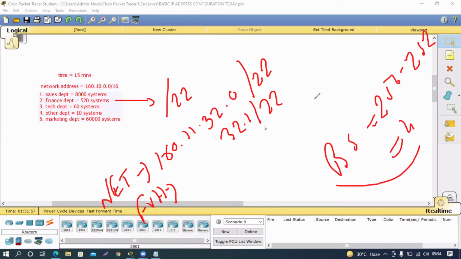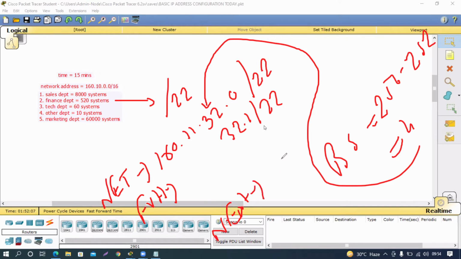And this 4 we have to add to 32. So our next subnet address will be 160.11.36.0, right? 32 plus 4 is 36.